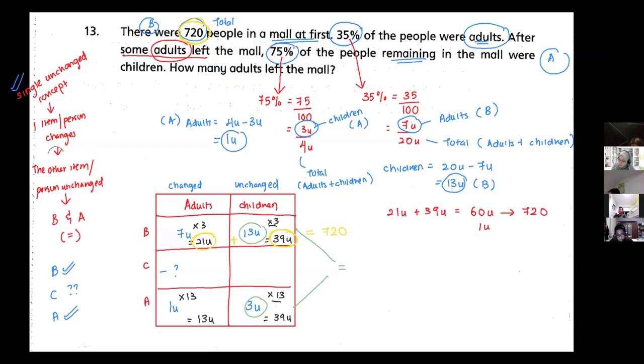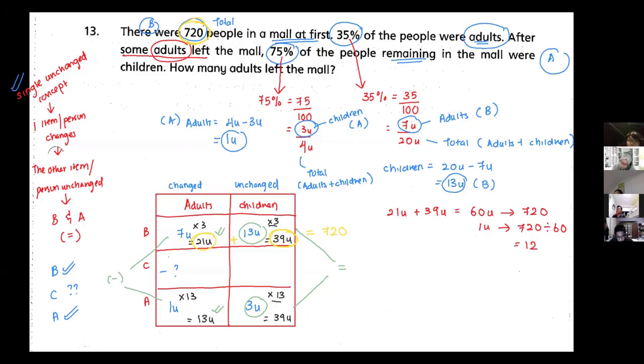So 1 unit is 720 divided by 60 and I get 12. I do not stop there because I want to find how many adults left the mall. So if you look at the adults, at first there's 21 units. In the end, it becomes 13 units. So to find the number of adults who left, I minus.